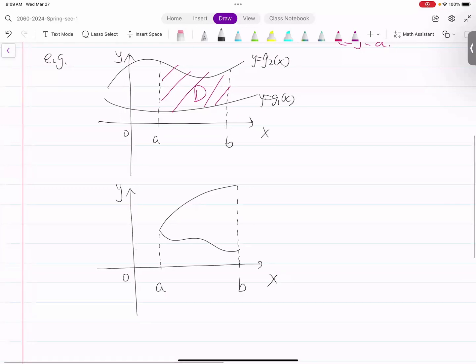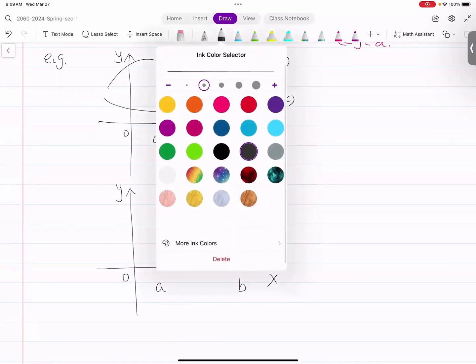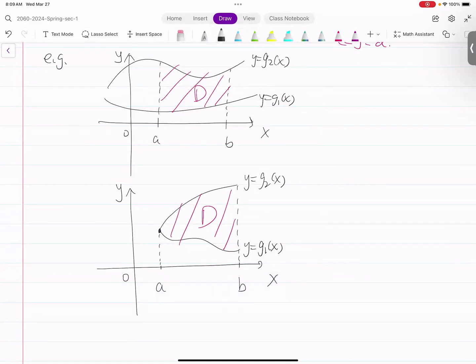The region could be something like this, where still the upper bound is g2 and the lower bound is g1. It looks a little different because the left-hand side is just a single point instead of a vertical dashed line.